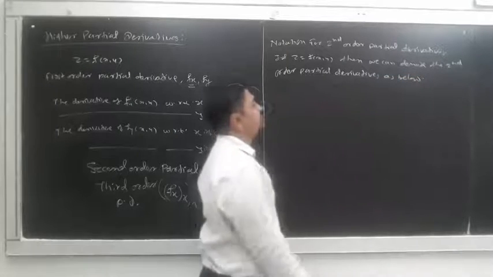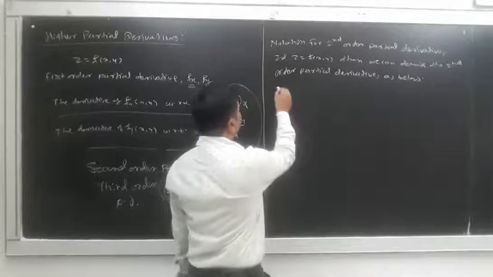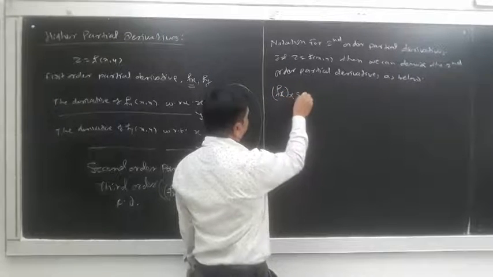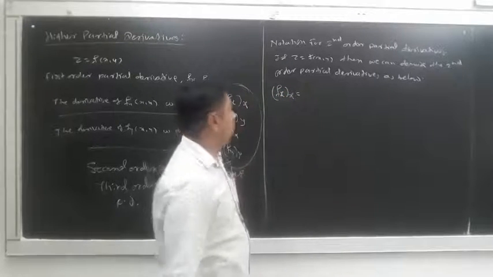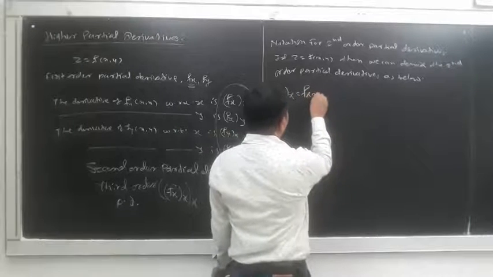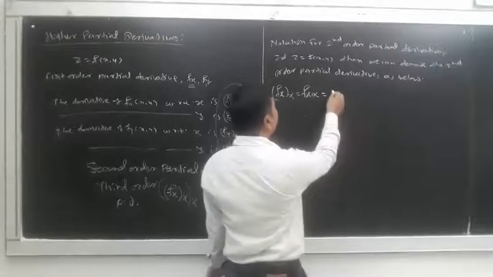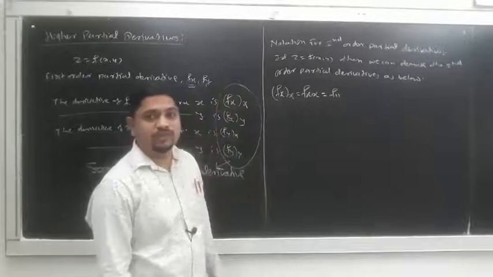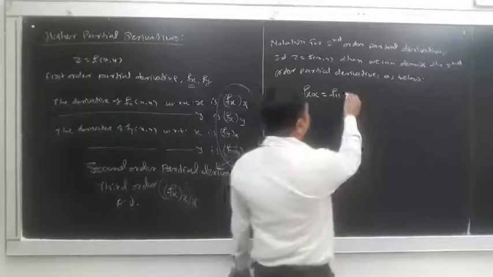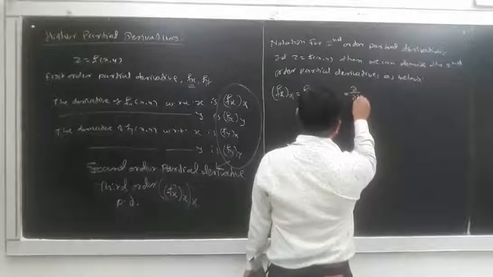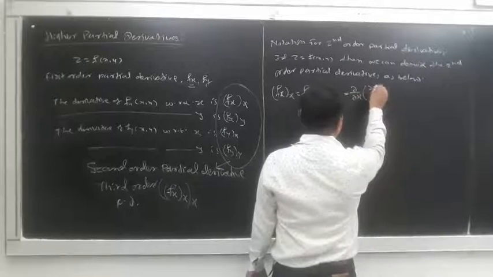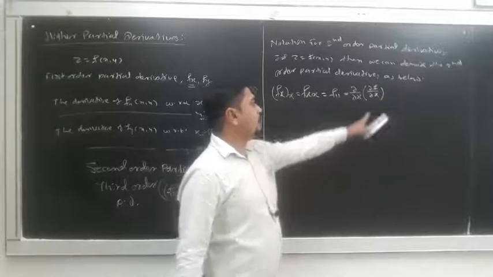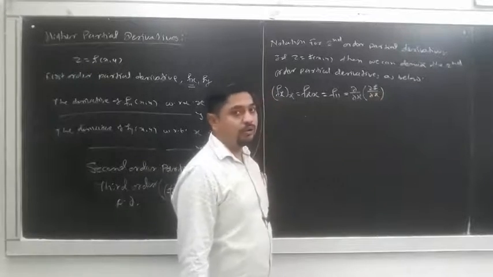The derivative of fx with respect to x can be written as fxx. It can be written as f11, because f1 is the derivative with respect to the first variable, that is x. It can be written in the form of del by del x of del f by del x.